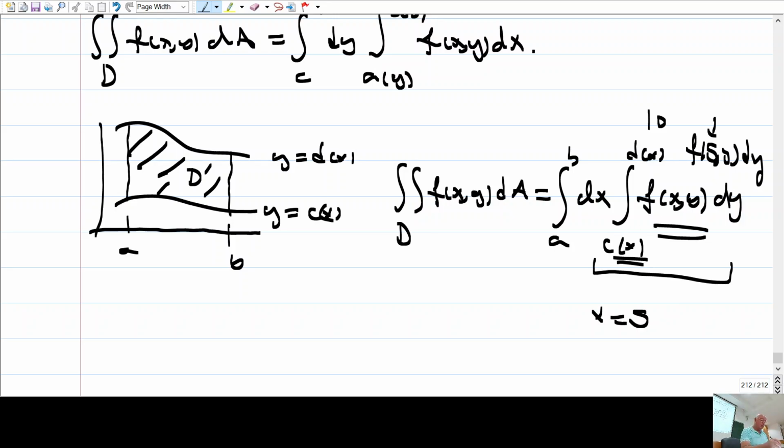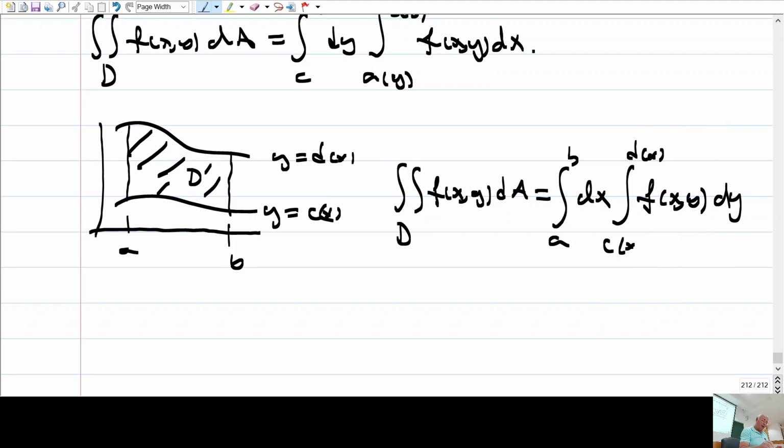You integrate this gadget, you obtain an answer depending on x, right? Because as x changes, this integral will vary. So this whole thing is a function of x, and then you integrate this function with respect to x over the interval [a,b].